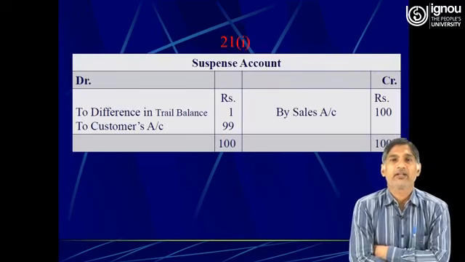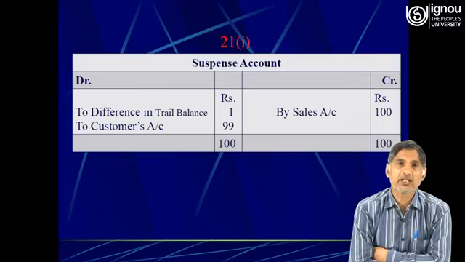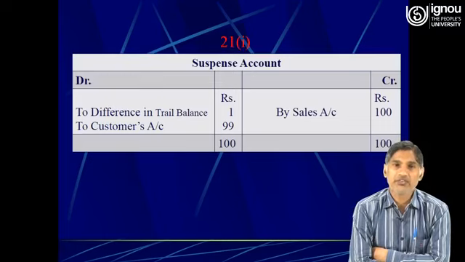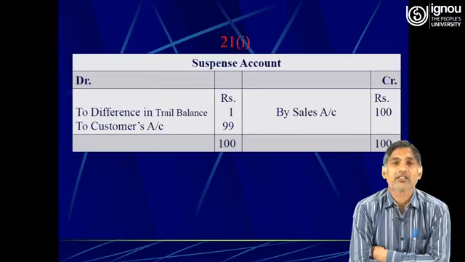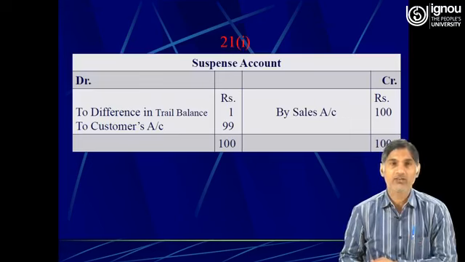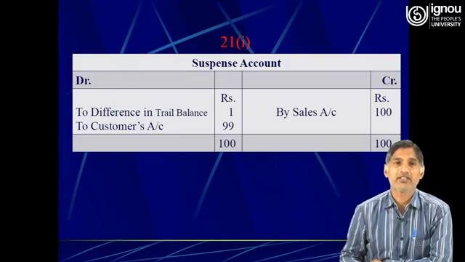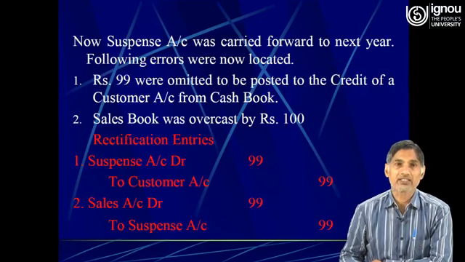Now we can prepare the suspense account. To difference in trial balance, which was credited in the trial balance, it was rupees 1. To customer account 99, as we have already credited the customer account.